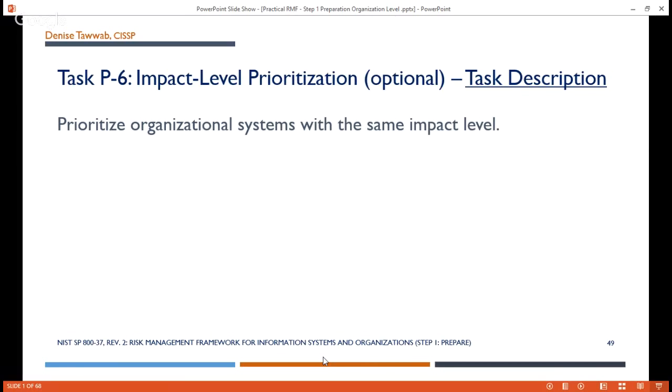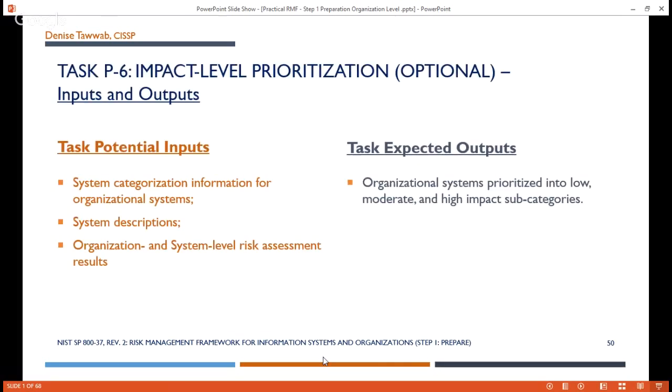If we don't have the resources to do everything on all the systems, which one of these systems will we prioritize? The inputs to this task, task P6, are the system categorization information for all of your systems in the organization, descriptions of the systems, and your organization and system level risk assessment results.